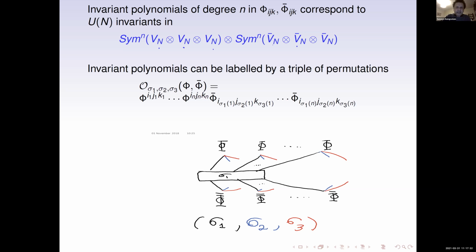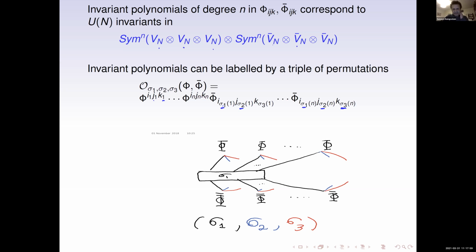To make sure that it is invariant under the first U(N), you have to contract everything, the upper I's with the lower I's. To have invariance for the second U(N), you have to make sure these are contracted using another permutation, and these are contracted using a third permutation.